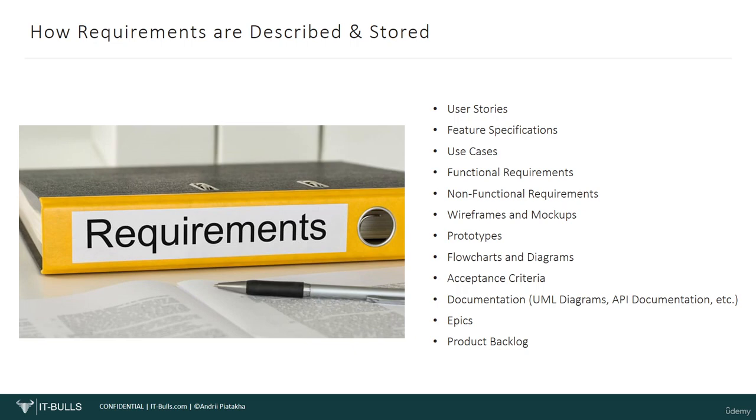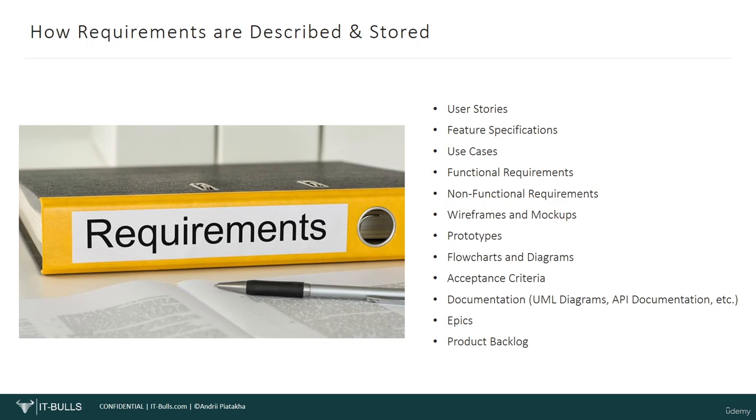These requirements are often structured in a list or table format. Non-functional requirements. Non-functional requirements define attributes of the system such as performance, scalability, security, and usability. These requirements address how the system should perform rather than what it should do. Later in this lesson, we are going to make a deep dive to understand what non-functional requirements are.